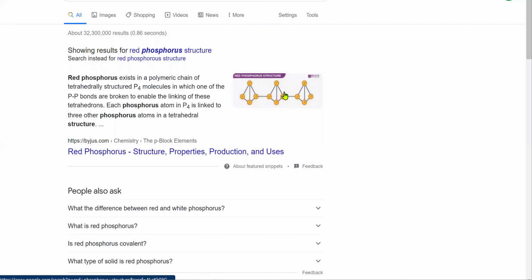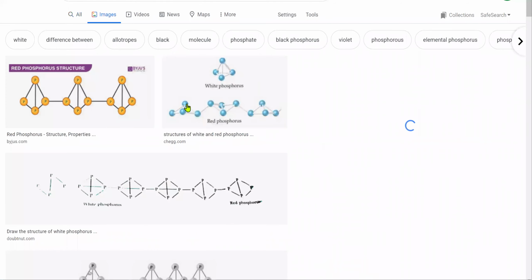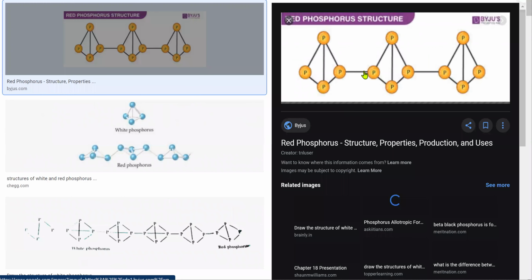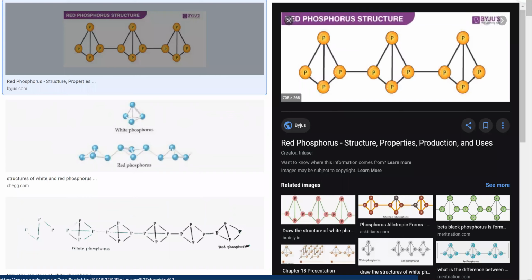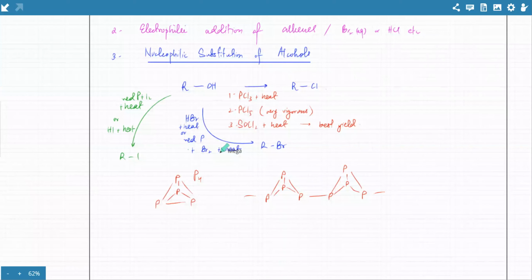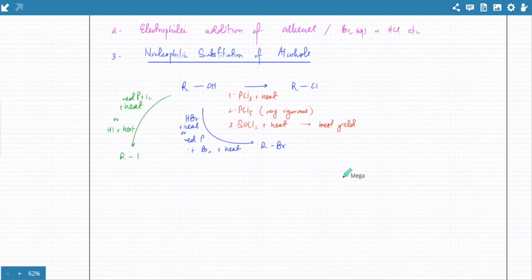It's this one, where this was P4, and this is the polymeric form that I drew. Anyways, coming back to this, this is not important, but you got a question on this, although it's not in your syllabus. They had asked you to draw a polymer out of this. Anyways, moving on to other things.